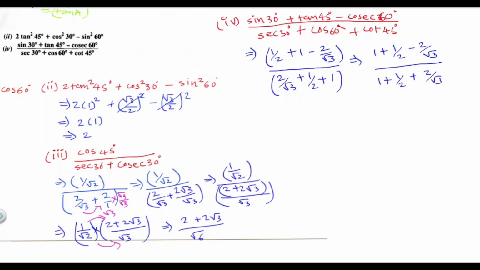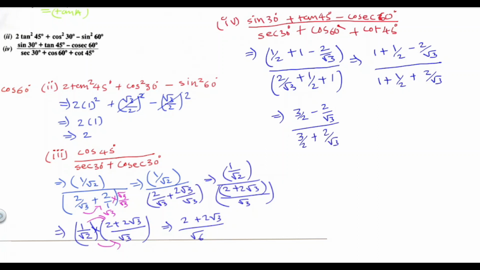Right. Now let's solve this. So 1 plus 1 by 2 gives us 3 by 2 minus 2 by root 3, divided by 1 plus 1 by 2, which is also 3 by 2 plus 2 by root 3.